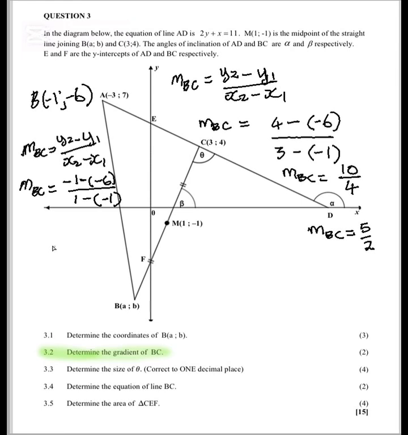Then for gradient BC, up there you have -1 plus 6, and then we will have 2 down here. So gradient BC will have 5 over 2.